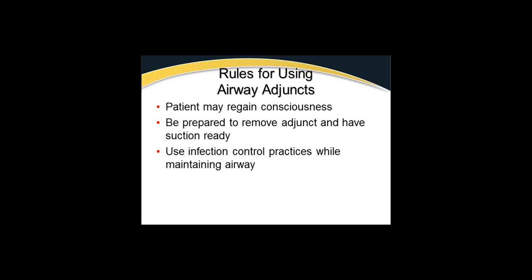Luckily, they remove very easily, and again, if suction is readily available, you can suction if they start to vomit. The use of infection control practices while maintaining an airway is a must. You need to have your standard precautions: your gloves on, and you should probably have some face protection as well, something protecting the face from any spatter or splatter.